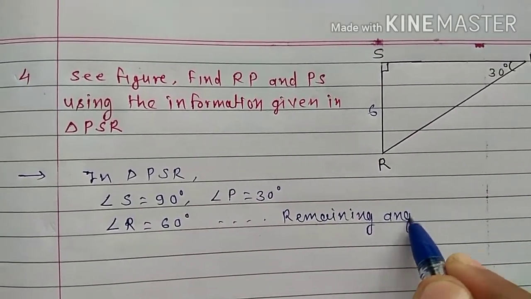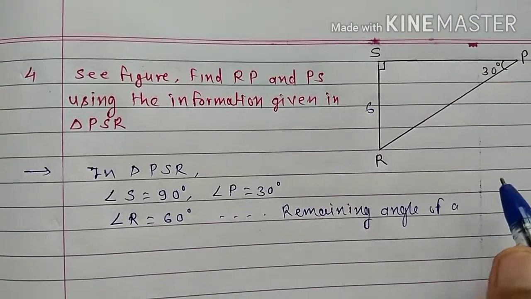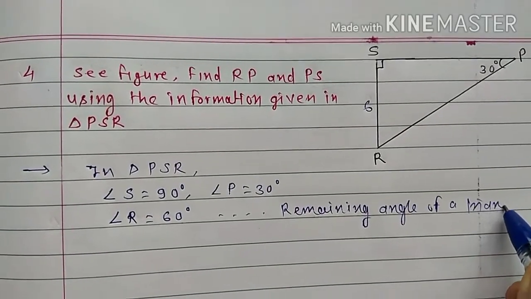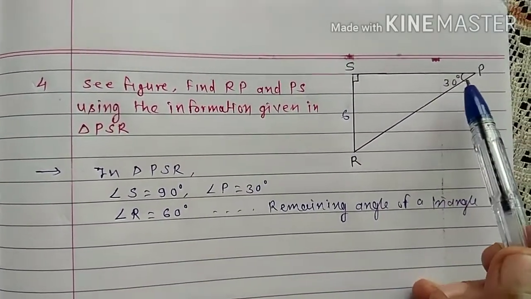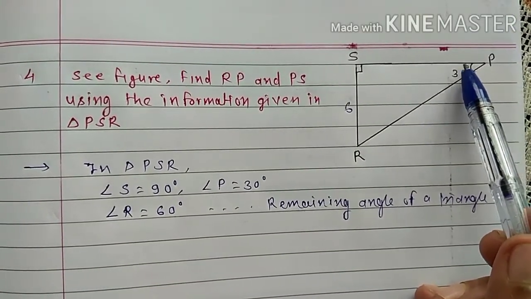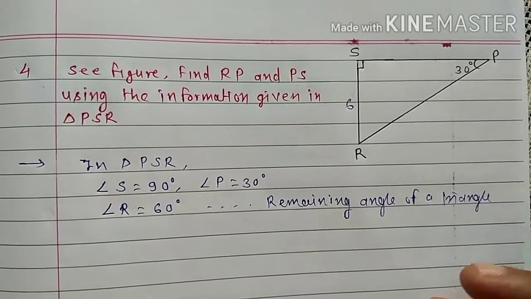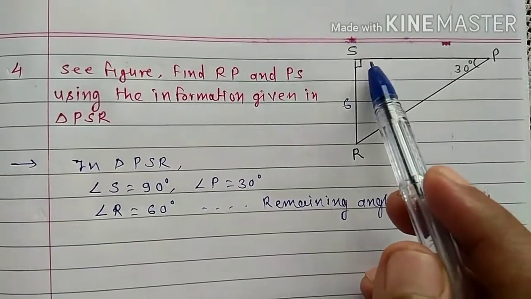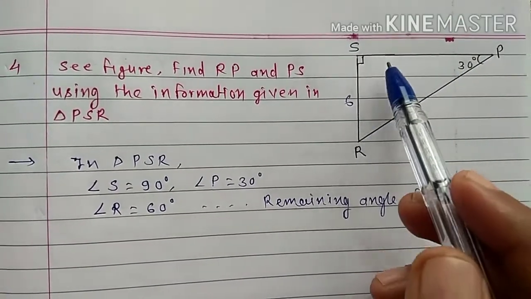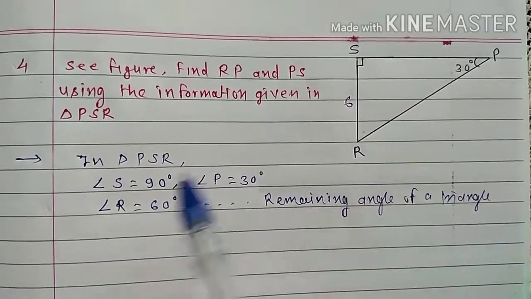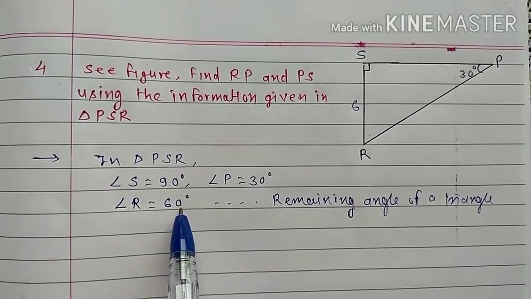Remaining angle of a triangle. So we know that sum of the interior angles of a triangle is 180. So 90 plus 30 is 120. So 180 minus 120 is 60. So angle R is equal to 60 degree.